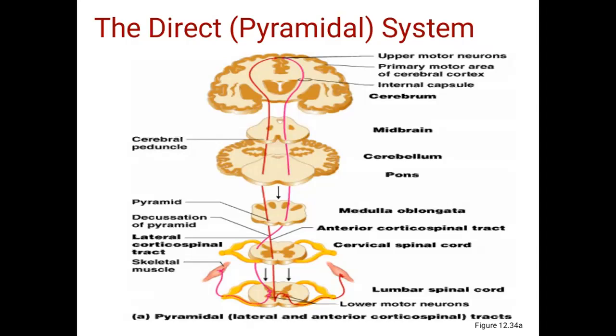Inside the midbrain, it occupies the middle 3/5 of the region, and then it enters the pons, where it occupies the most ventral aspect, in front of the trapezium.